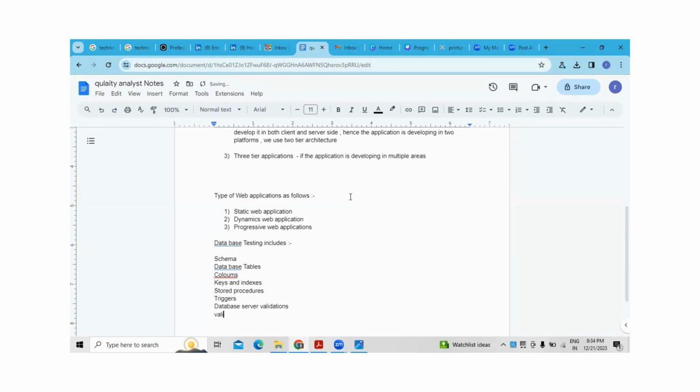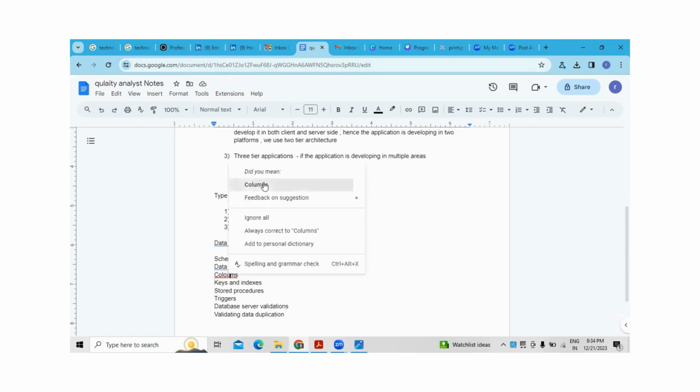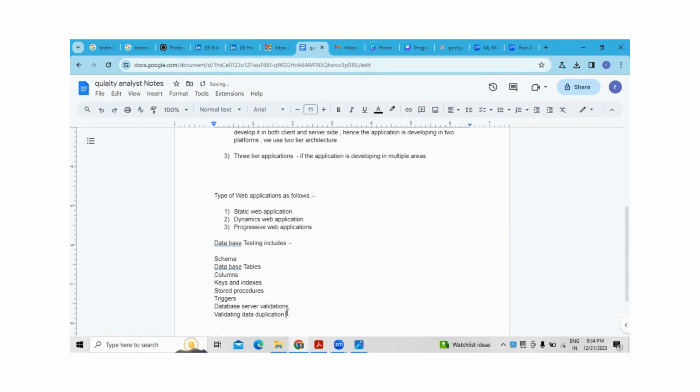At the same time, we need to validate the data duplication. Sometimes, due to ignorance and not by intention, data gets stored multiple times, for example the same number or the same person's details added again.